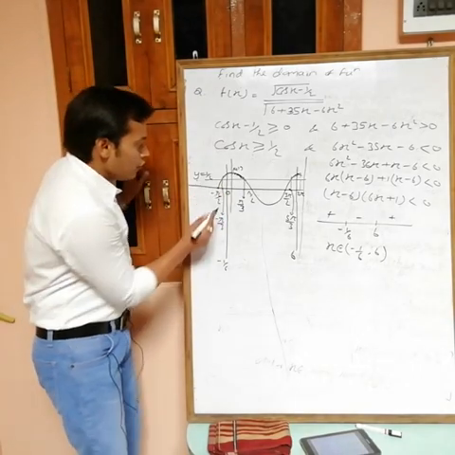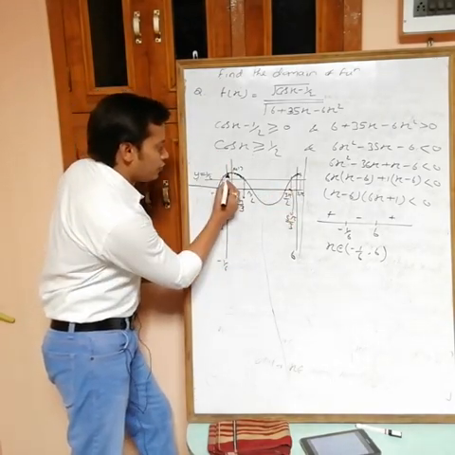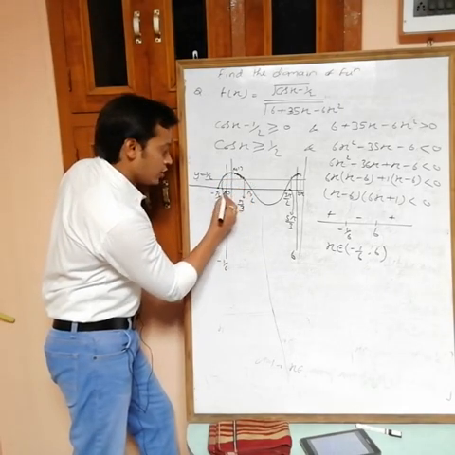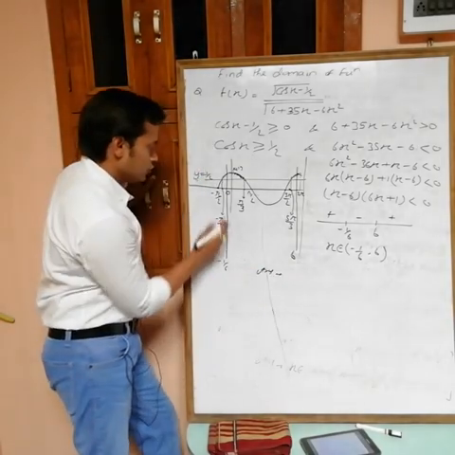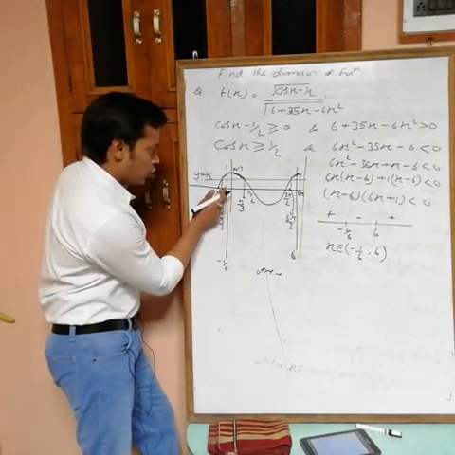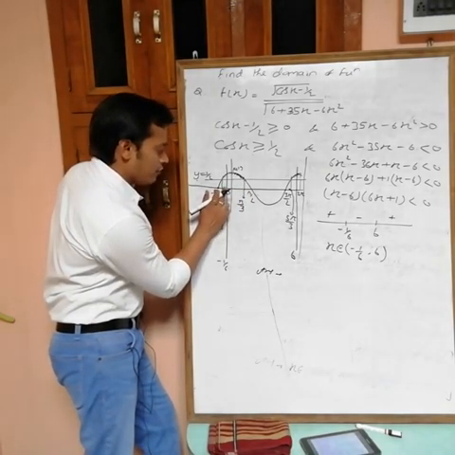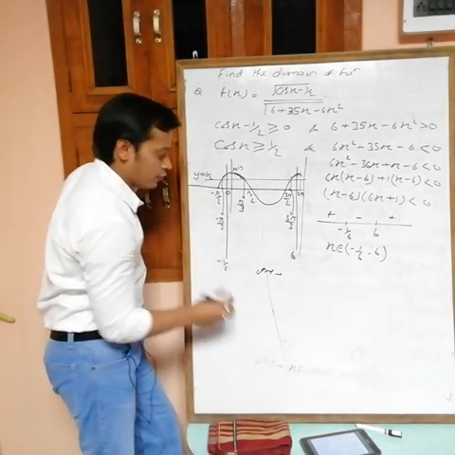Now for these values of x, where we have cos x greater than or equal to 1 by 2, I can take these x. So what we are getting as the final answer is, here we have minus 1 by 6 up to pi by 3, because for minus 1 by 6 to pi by 3, cos x is greater than or equal to 1 by 2.